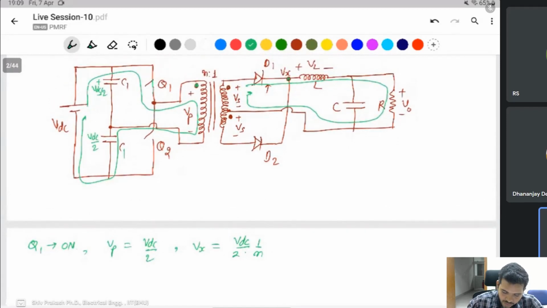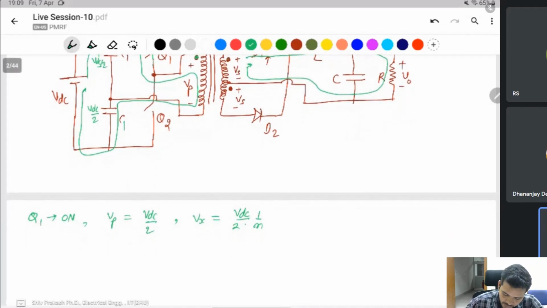When Q1 and Q2 are both off, then the voltage Vx is 0, because the same current flows through this. Then this voltage is 0, and VL is minus V0. Here you can write VL is Vx minus V0.